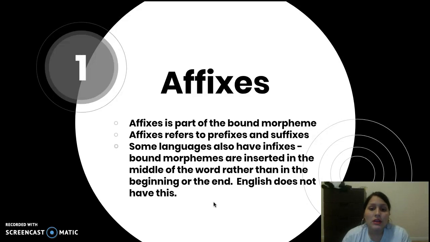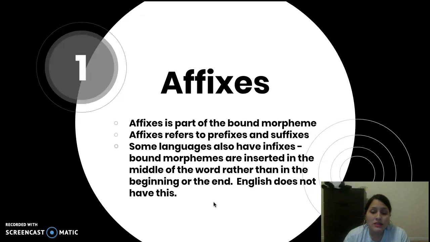Okay, so affixes are part of a bound morpheme. It refers to the prefixes and suffixes. So these are parts that are attached either to the beginning or the end of the word. They're a type of morpheme. And sometimes it affects the word and sometimes it does not.